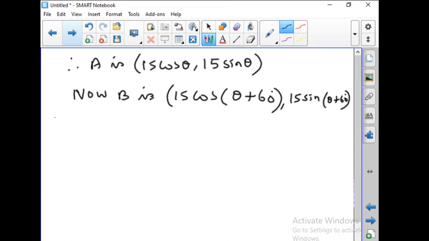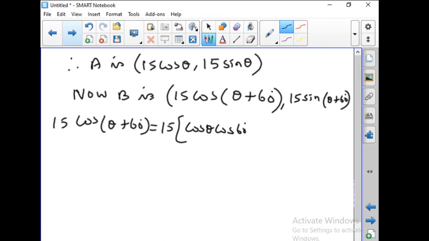So, what is 15 into cos (theta plus 60 degrees)? So, using the identity, it is 15 into cos (A plus B). Cos (A plus B) is cos A cos B minus sin A sin B. So, cos theta cos 60, then minus sin theta sin 60.